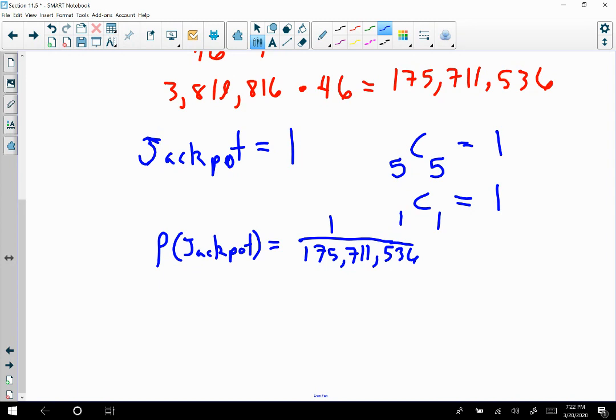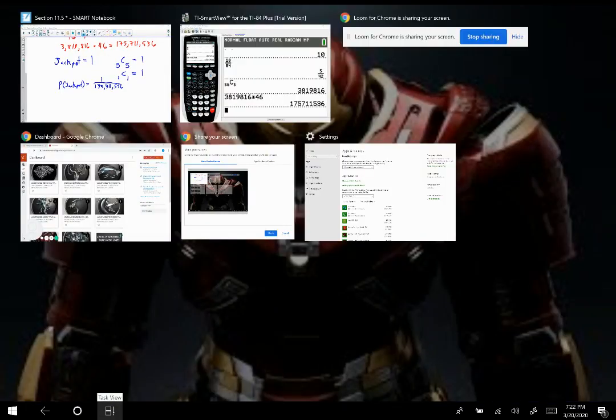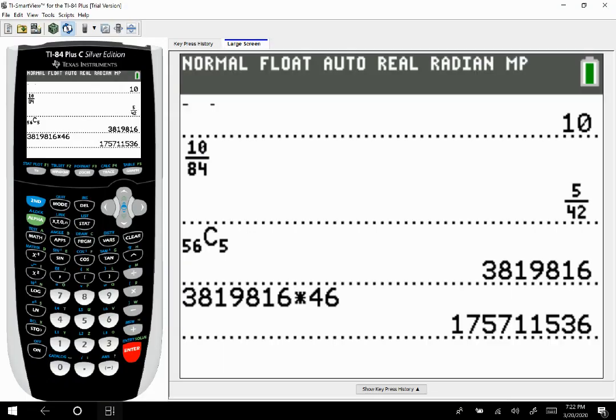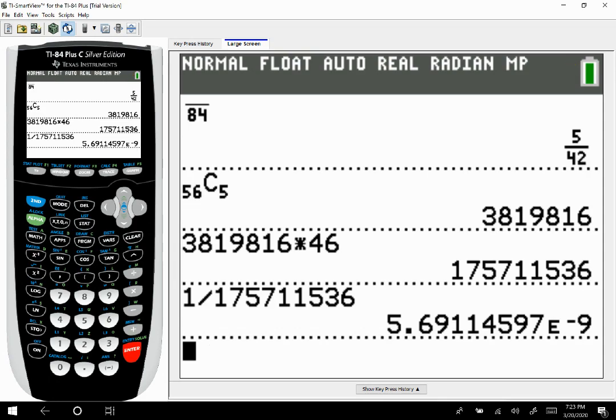That's the probability of winning the lottery. To put this in perspective, let's give you a percentage for this. 1 divided by 175,711,536.